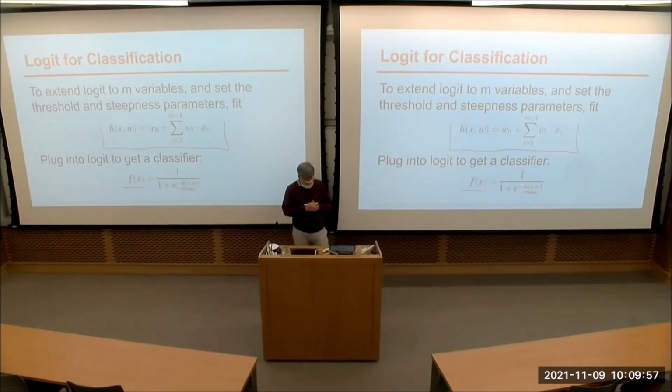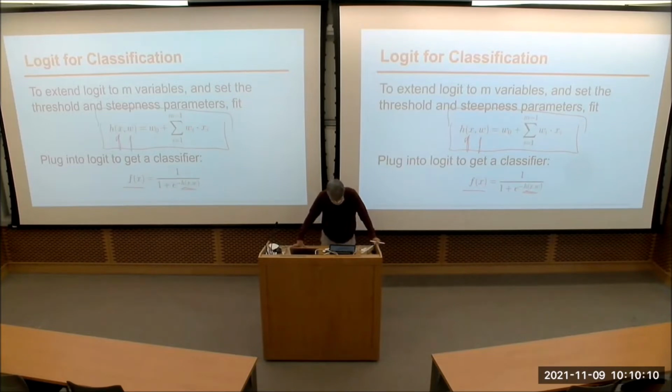Okay? So now we're going to use this linear function h of x, w. x is going to be the variables, w is the coefficients of those variables. h of x, w is going to come up with a number.